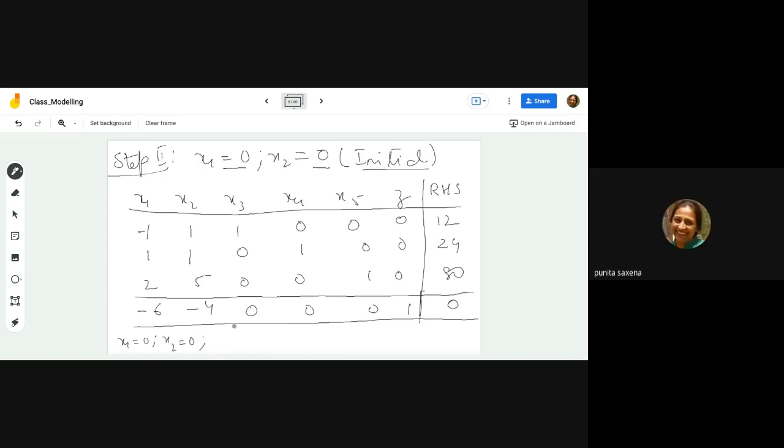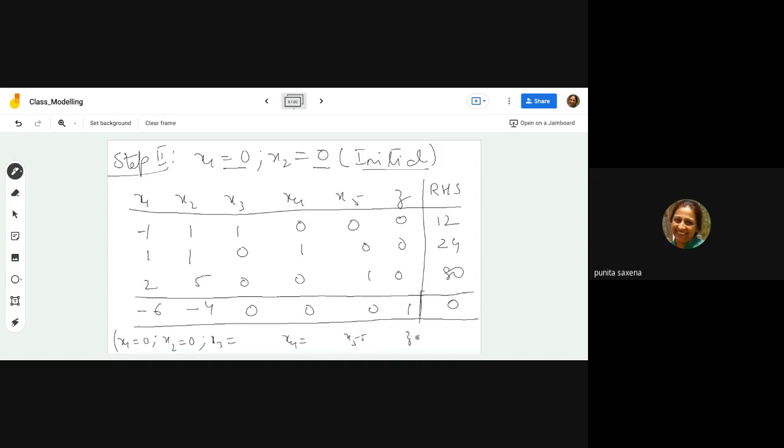Maybe I'll rephrase my question. I say when x1 is 0, x2 is 0, and it's just rough work that I'm doing here for you to understand. When x1 is 0, x2 is 0, what is the value of the other variables here? What will be the value of x3? What will be the value of x4? What will be the value of x5?